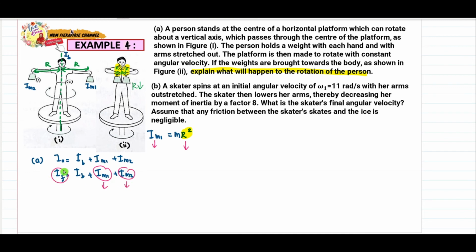Therefore, the moment of inertia final also decreases.